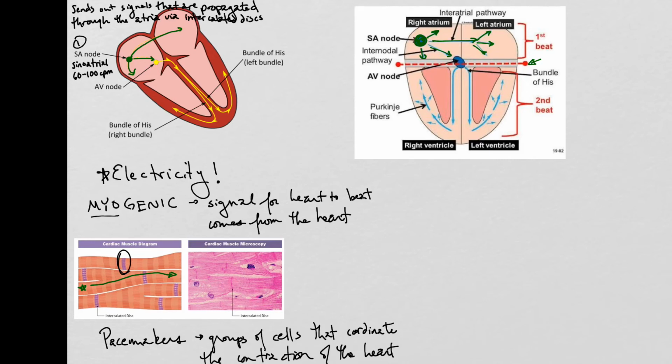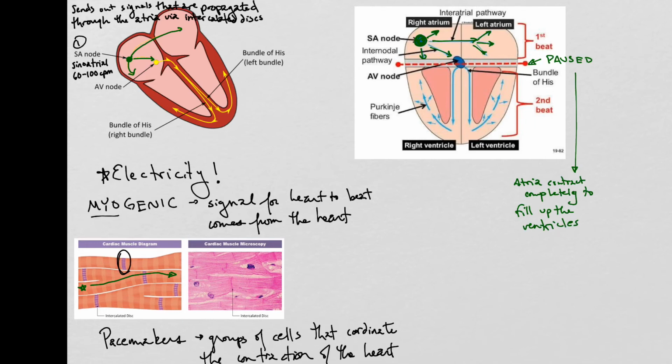Because if the signal was to travel right down to the ventricle, then the ventricle would pump before the atrium could even fill up. And so this pause that is caused right here in the signal allows the atriums to contract completely to fill up the ventricles.